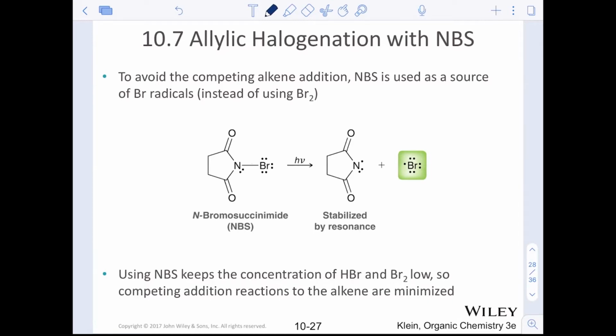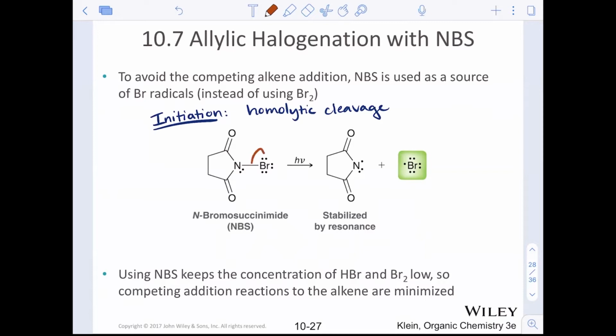The initiation step for this reaction starts with the homolytic cleavage of NBS. So NBS instead of Br2 will be over the reaction arrow. We still should use heat or light. Here we have light written.